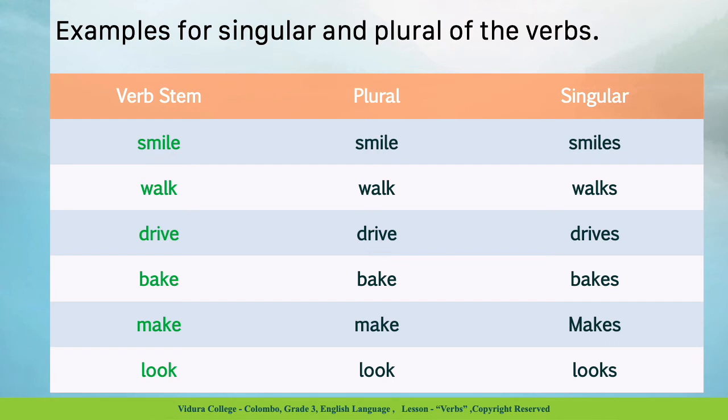The fifth verb stem is make. So the plural form of the verb is make and the singular form of the verb is makes. The last verb stem is look. In here, the plural form of the verb is look and the singular form of the verb is looks.